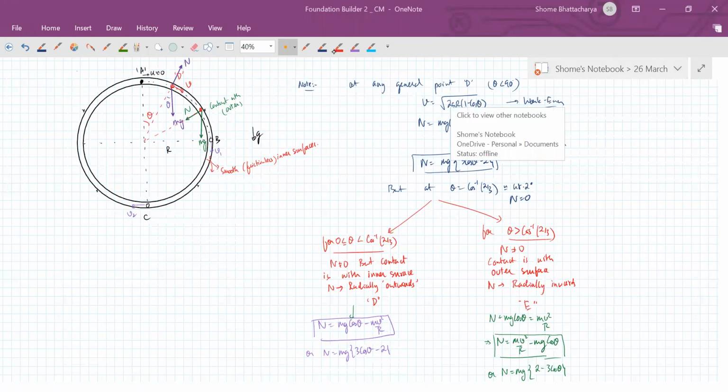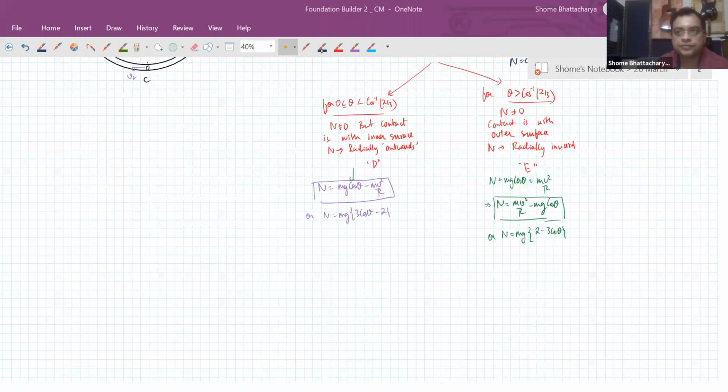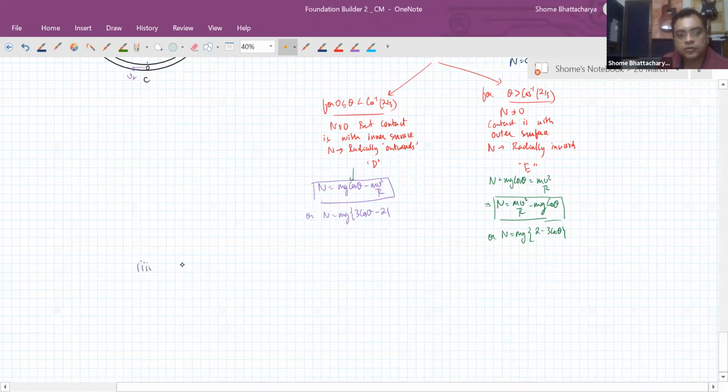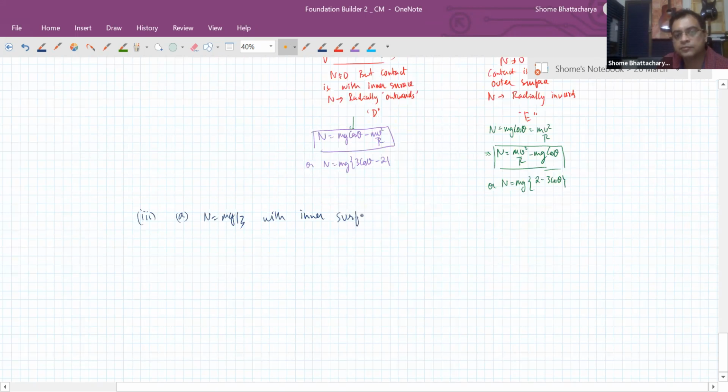Okay, so let's look at the A part of question 3 now. In the A part, the normal reaction should be equal to mg by 3 with the inner surface, not the outer surface.